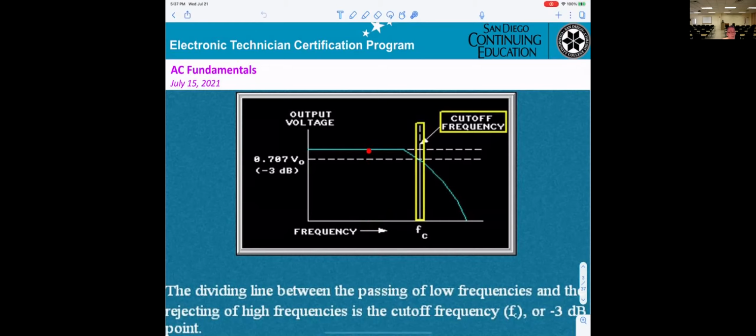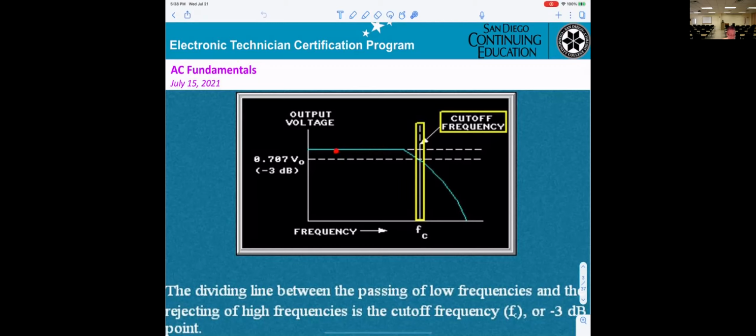If the input is 10 volt, what is the output voltage? Who can tell me? At a certain point right here, 10 volt. 10 volt, correct.